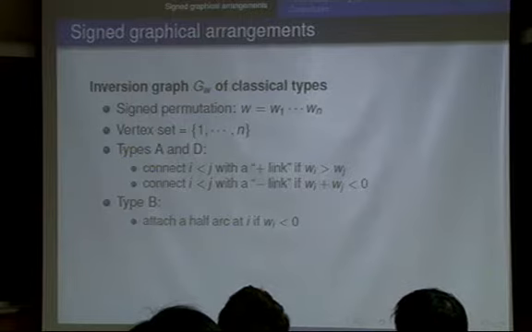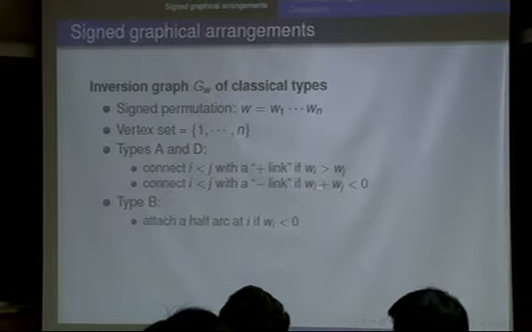I'm sorry, this was for the type A and D case. For type B, we also have a half arc: if wi is less than 0, we attach a half arc. Then this becomes an inversion graph. For type A, this second part doesn't matter because the wi are always positive, so this second case never appears.